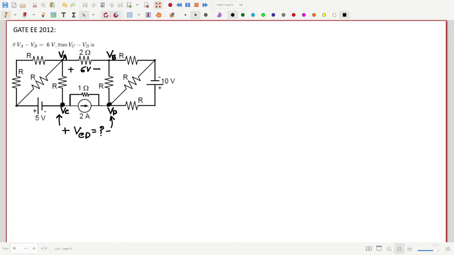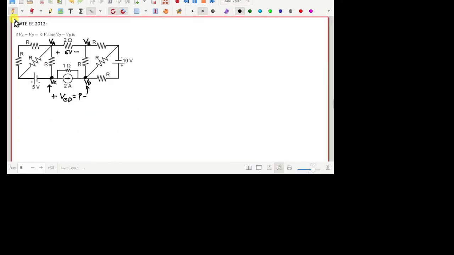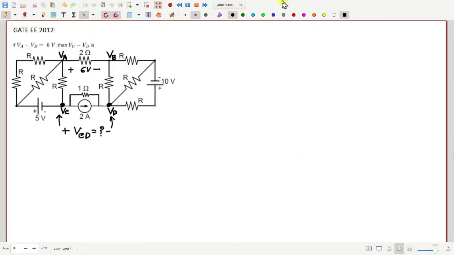Okay, let me do it. So in the top part, how much is the current here? If this current is I, 3 ampere. Can you tell us how much is the current here?